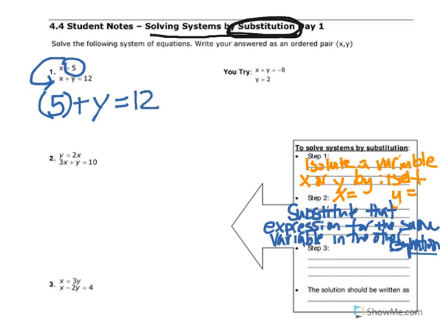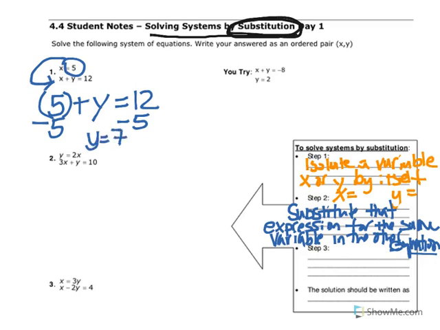The parentheses aren't absolutely necessary in this one, because 5 is going to be 5 no matter what. But as we get forward, the problems will get a little harder, and you want to substitute with parentheses. It will make your life easier. So we have 5 plus y equals 12. How do I get y by itself? I'm going to subtract 5 from both sides, and I get y equals 7.